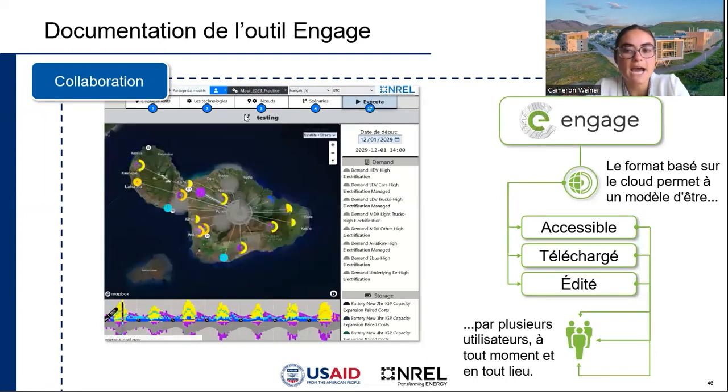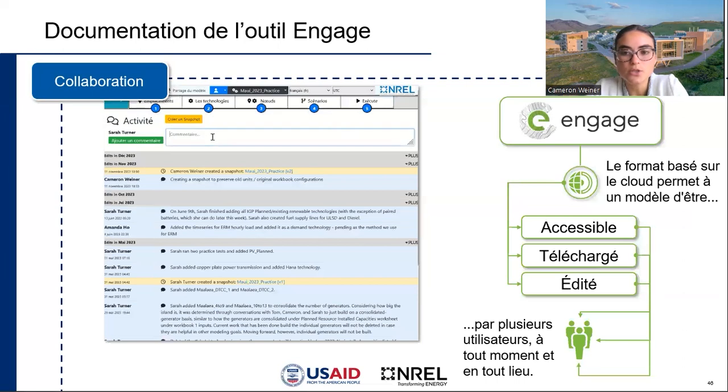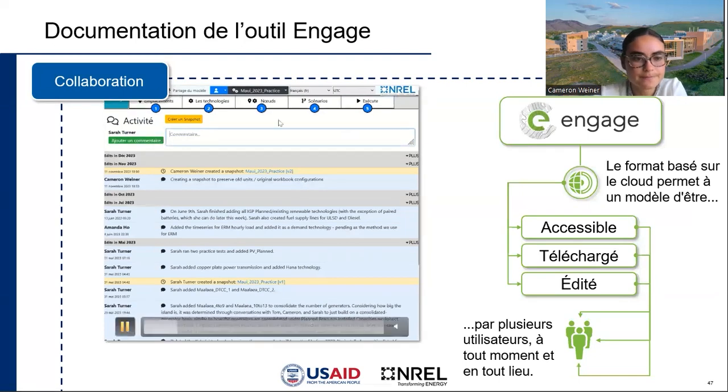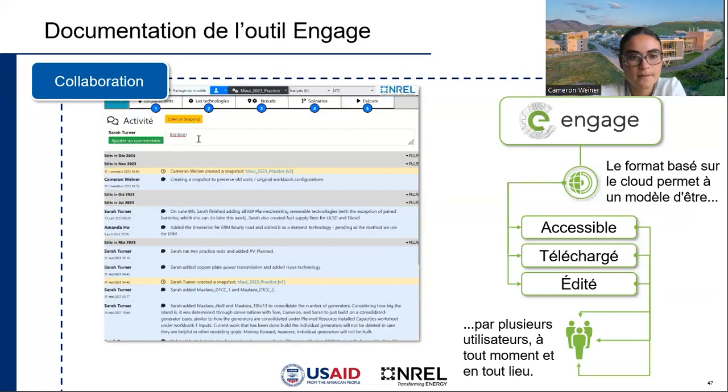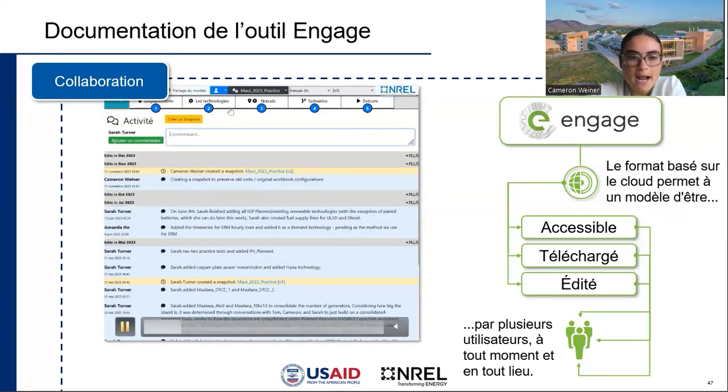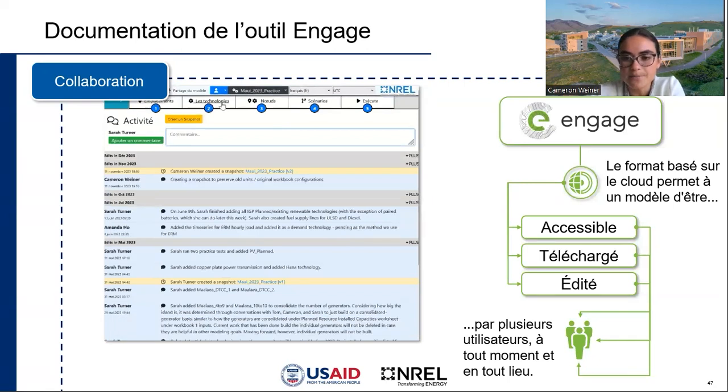Collaborative features have been added throughout the tool so that users can update each other on what they've changed or what they've edited in the model. For example, these features can be used to facilitate transparency between stakeholders, both in the modeling methodology as well as on the data transparency front.